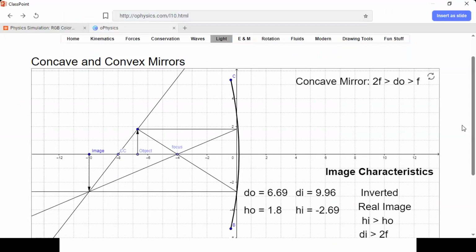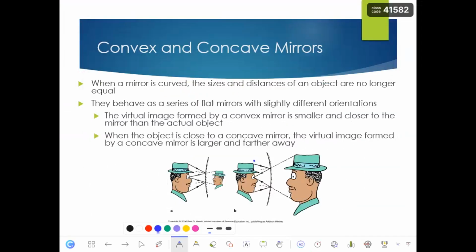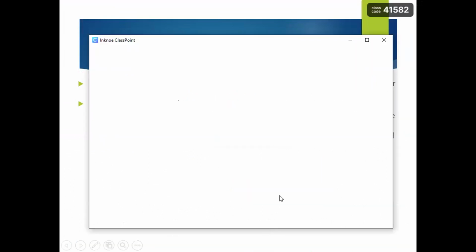So, this is a concave mirror. For finding out how the image is created in the concave mirror, I would like to explain a couple of rules, okay? Then I will show you these rules here, and you would be able to see how the image is created. Okay, so let me just open a new page.